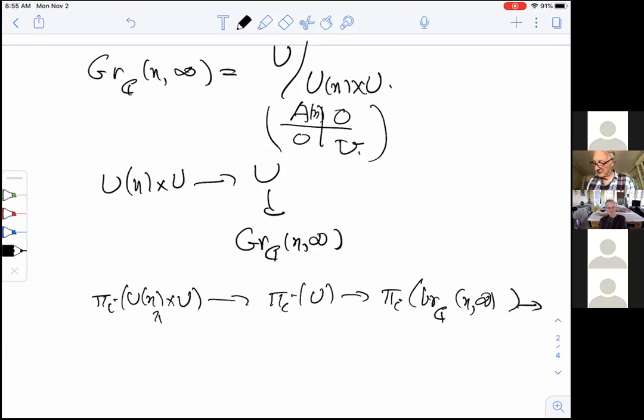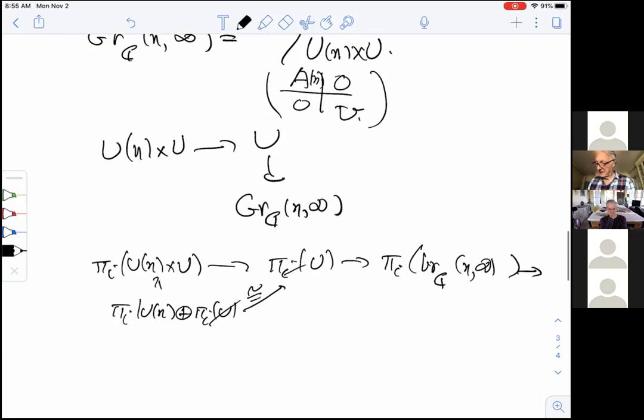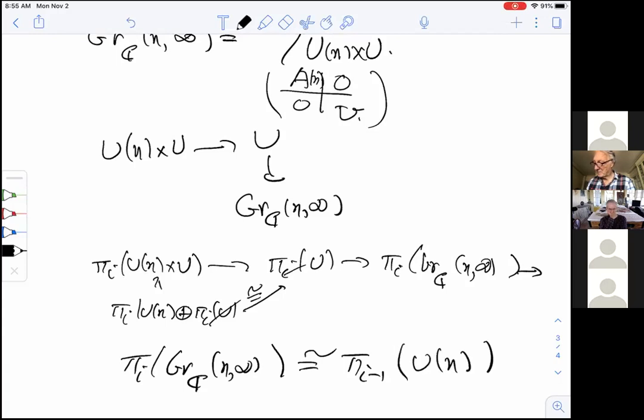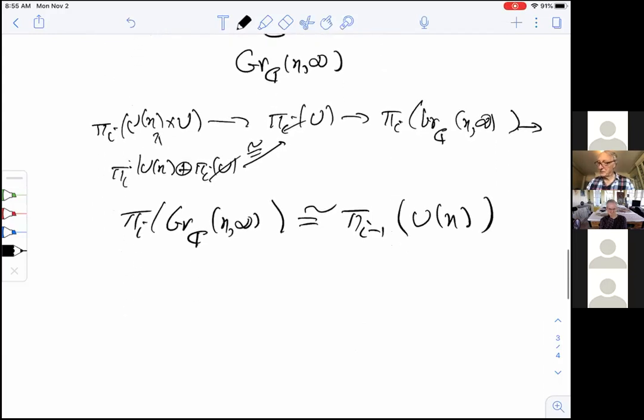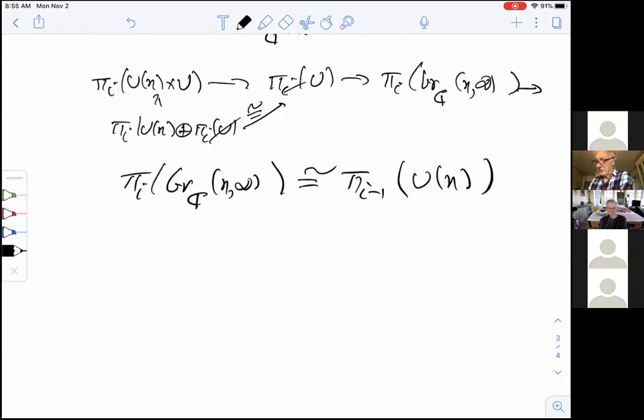But this group is simply pi i of U(n) direct sum pi i of U, and it's not too hard to see that this map sends the second factor isomorphically to pi i here. So you get from this long exact sequence that pi i of the Grassmannian is isomorphic to pi i minus 1 of the unitary group. In fact, the Grassmannian is the classifying space for the unitary group.